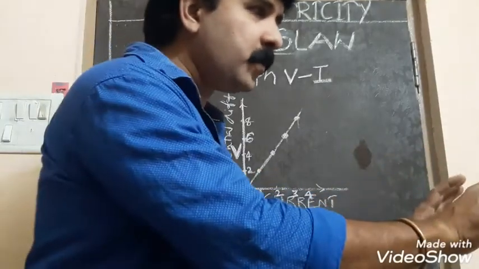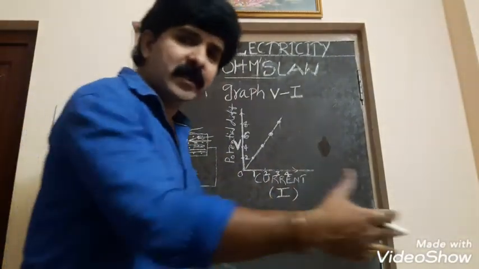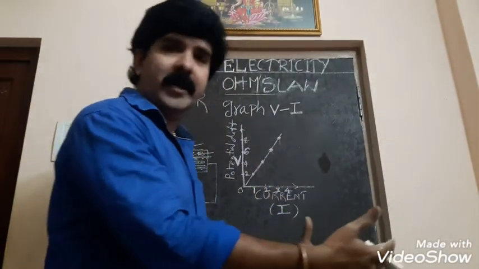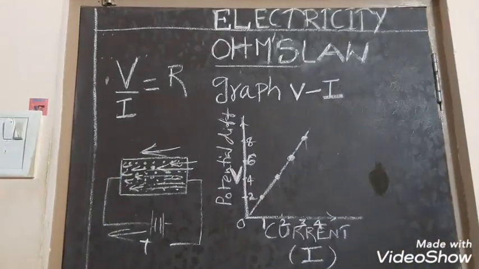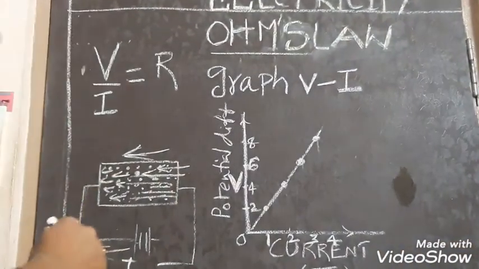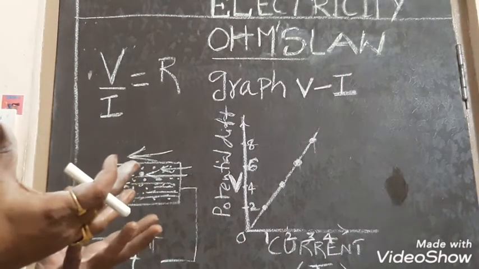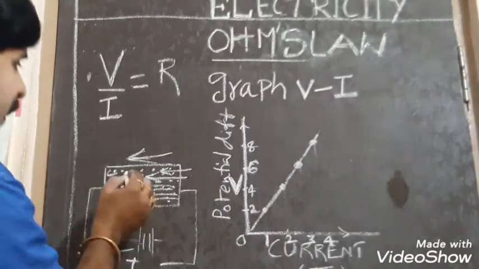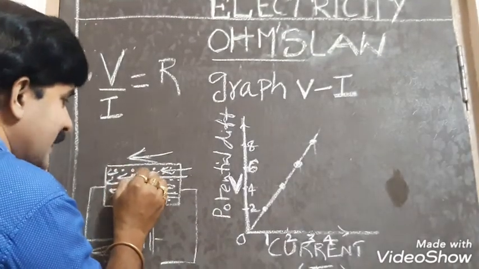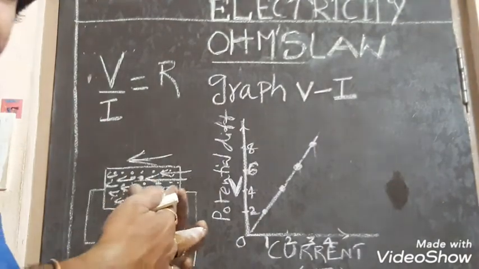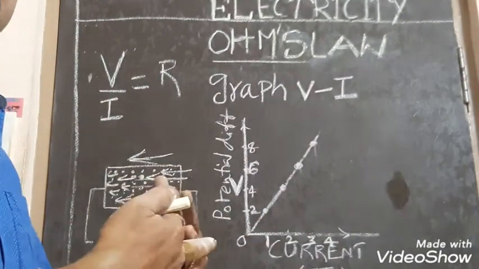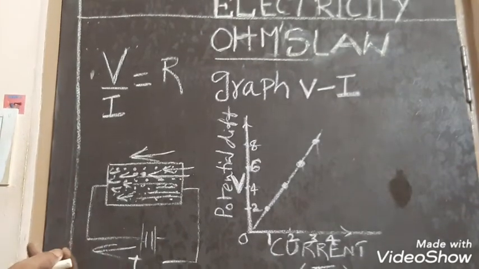If anybody pushes you, you will have some movement in your body. In the same way, there is some movement in the particles of the substance. They vibrate, and when they vibrate, they contact another particle and collide. The particles are collided by the force of electrons.